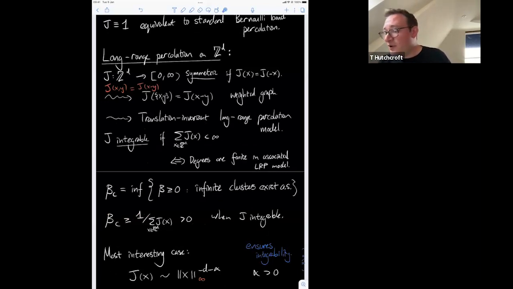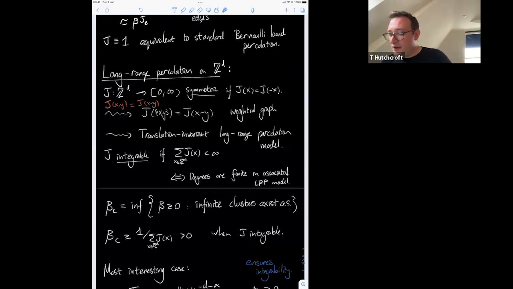Usually we have a function from points in Z^d to [0, infinity), and then set the weight of an edge j_xy to be j of x minus y. This gives us a translation invariant model. We also take the function to be symmetric, because otherwise it doesn't make sense. So this is what we call long-range percolation.